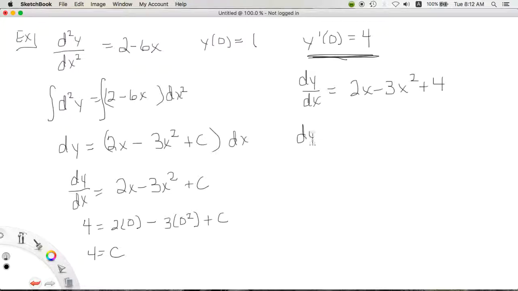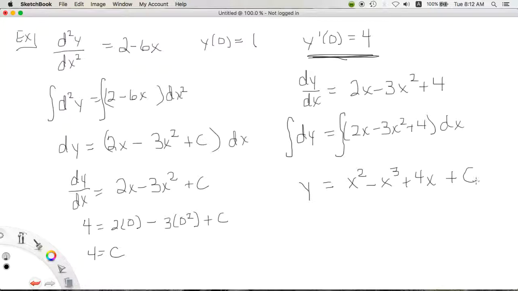Do our separation of variables. Take the integral of both sides. Now we're undoing the first derivative. So that means we get to our function. And we end up with x squared minus x cubed plus 4x and plus c. Always have that plus c.